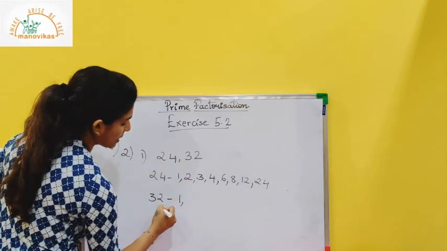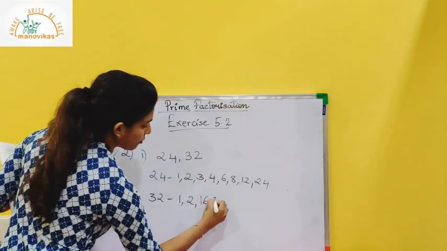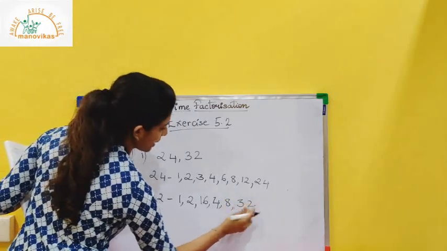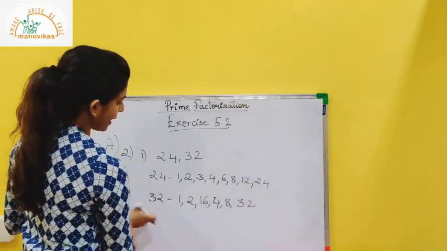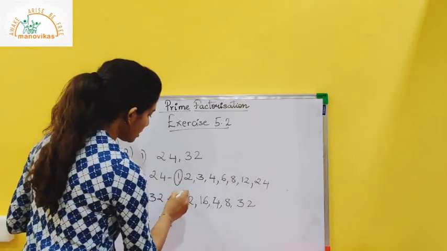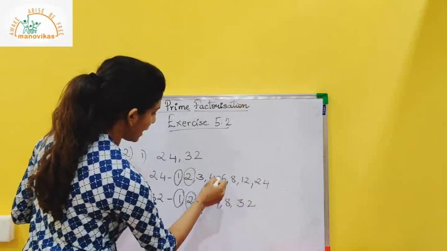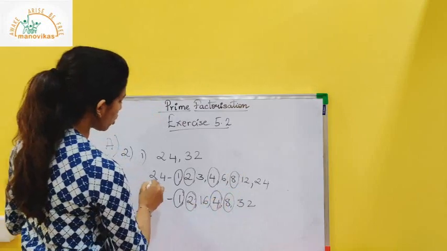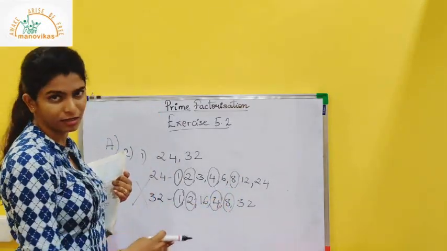So 32 1s are 32, 2 16s are 32, then 4 8s are 32, and 32. Any other number, students? No. So these are the factors of 24 and these are the factors of 32. Now here if you see, there is 1, 1, 2, 2, then any other number? Yes, 4, 4, 8, 8. So these are not co-prime numbers because there are more than one common factors.